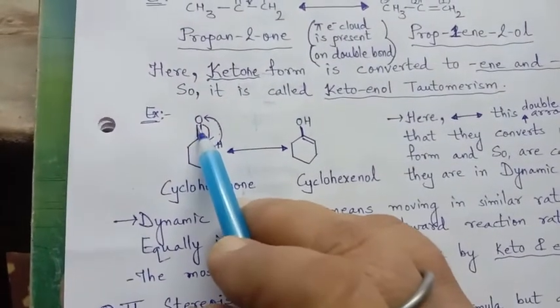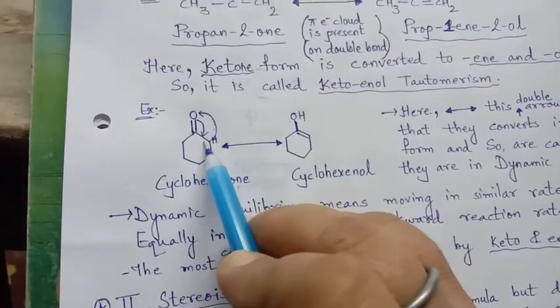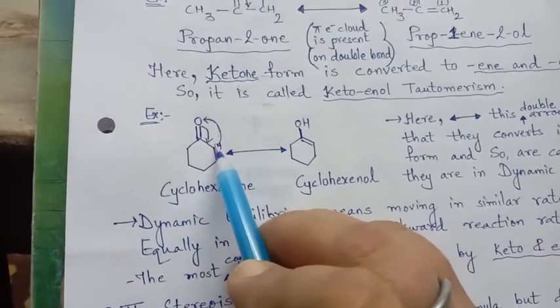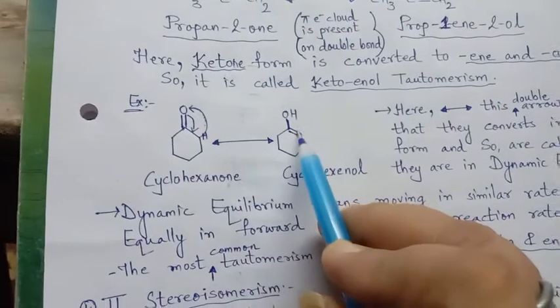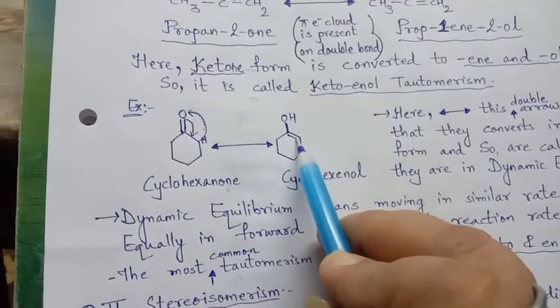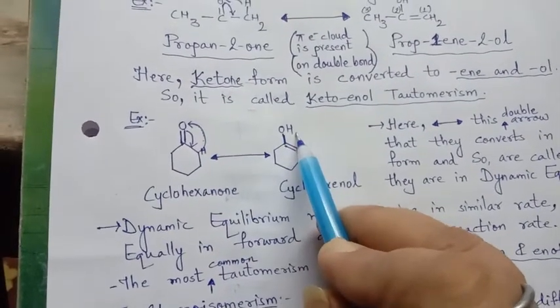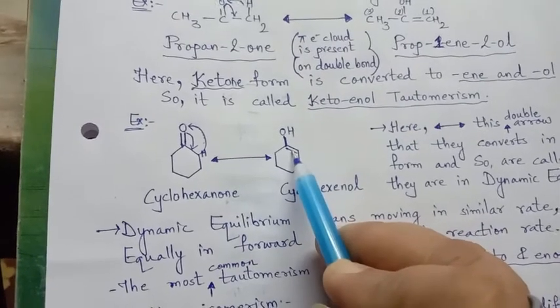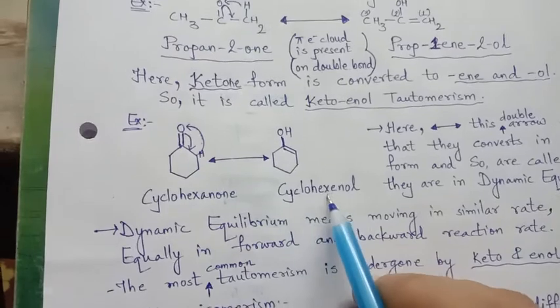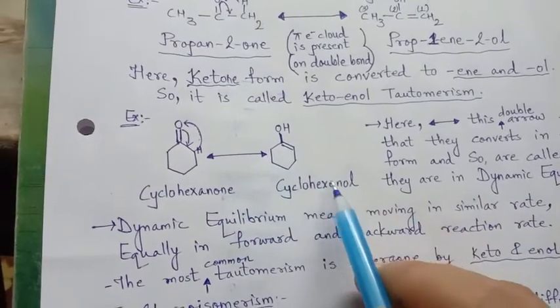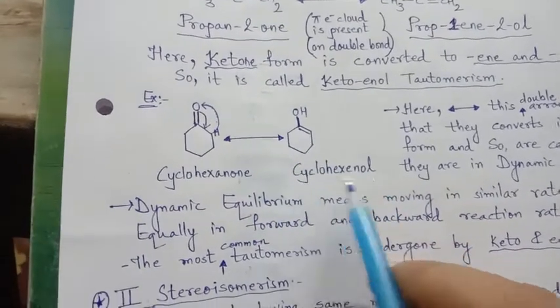Now see, this double bond will be shifted here. At the same time, the hydrogen will shift from here to here. So what takes place? Here it will be a double bond now, and this will be an alcohol group. As a double bond is there, it is not now hexane. It will be hexene, cyclohexene, and here an ol, so cyclohexenol.